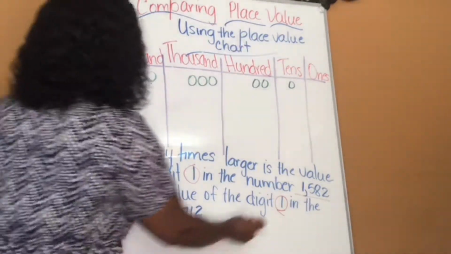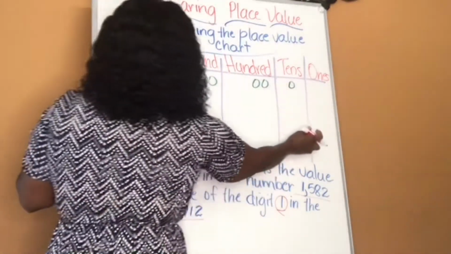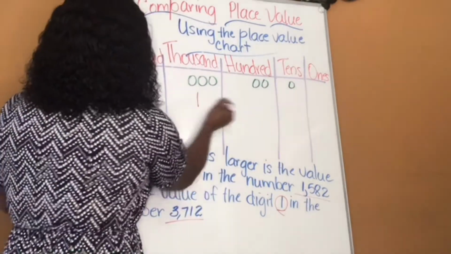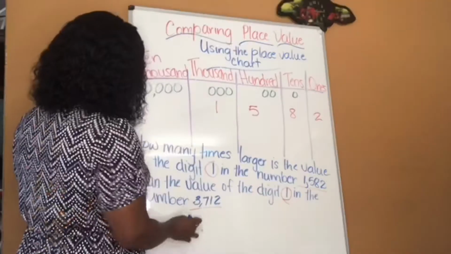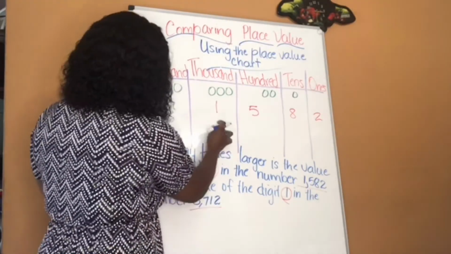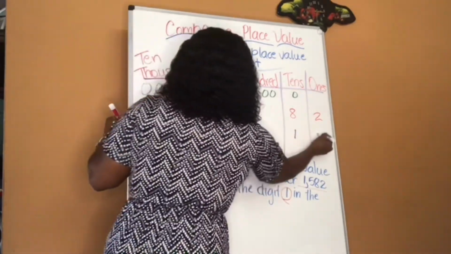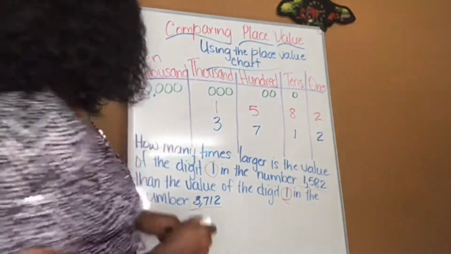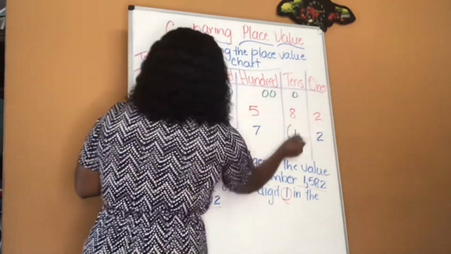The first number is 1582, made up of 4 digits, so I'm counting 4 places: 1, 2, 3, 4. 1, 5, 8, 2. The other is 4 digits as well: 3, 7, 1, 2. Now I am looking at the digit 1, so I'm going to circle my ones.